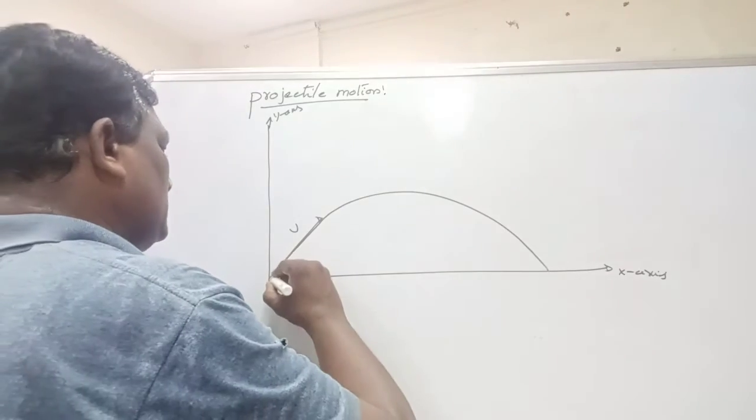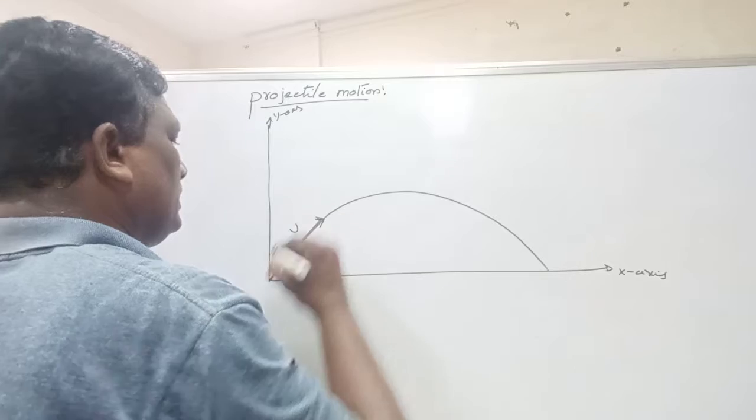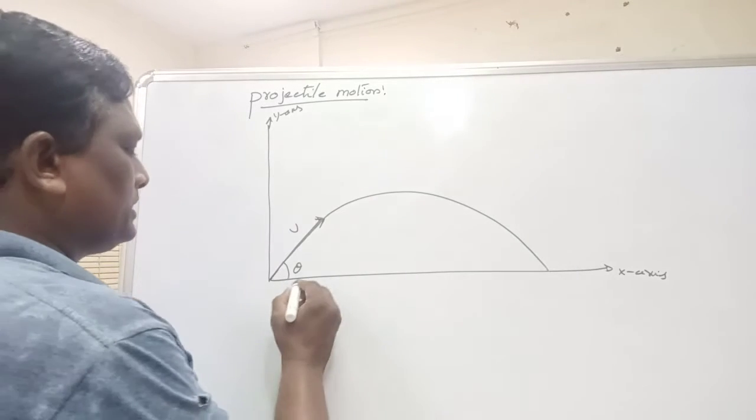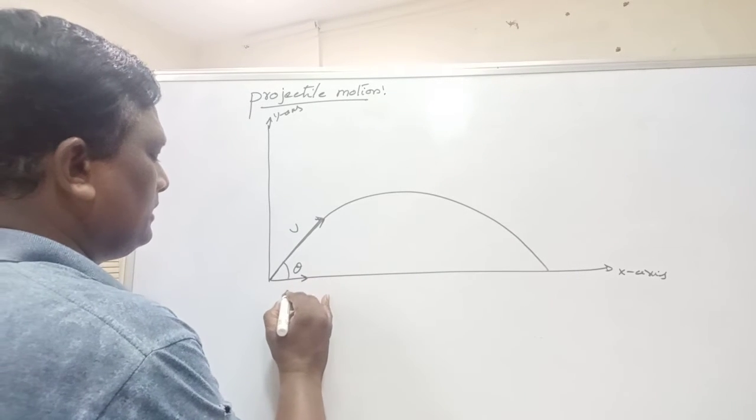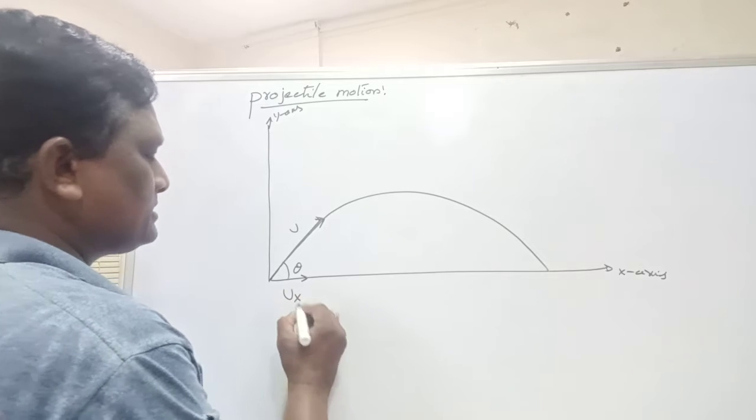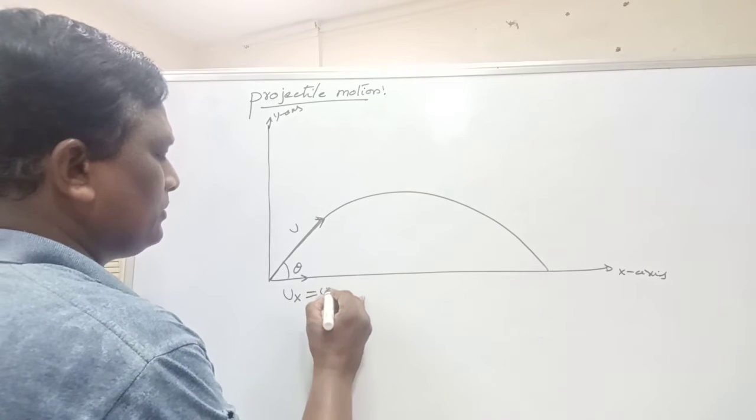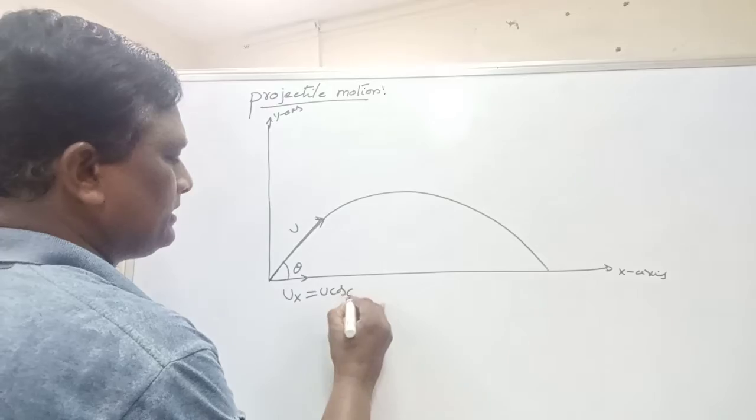Now this velocity u can be resolved into two components. Along horizontal, the initial horizontal velocity ux is equal to u cos theta.